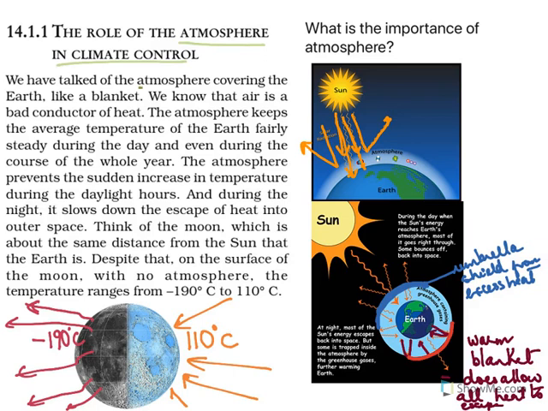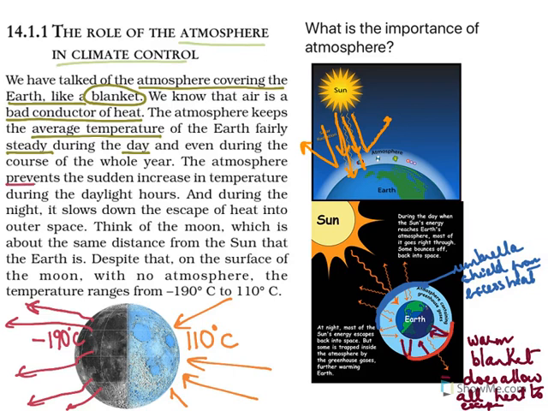Let's read about this. We have talked about the atmosphere covering the earth like a blanket. This is important, the word blanket. We know that air is a bad conductor of heat. The atmosphere keeps the average temperature of the earth fairly steady during the day, even during the course of the whole year.